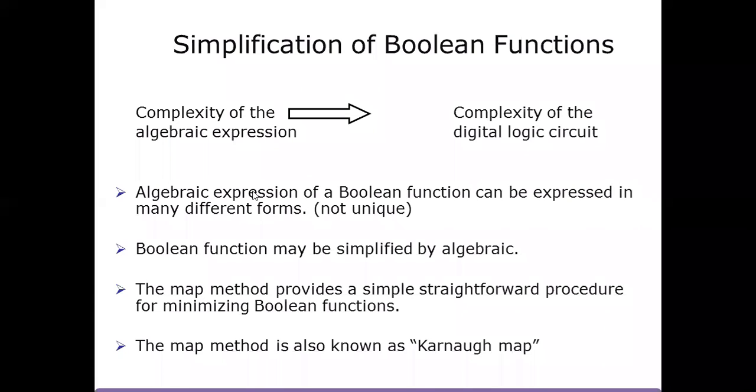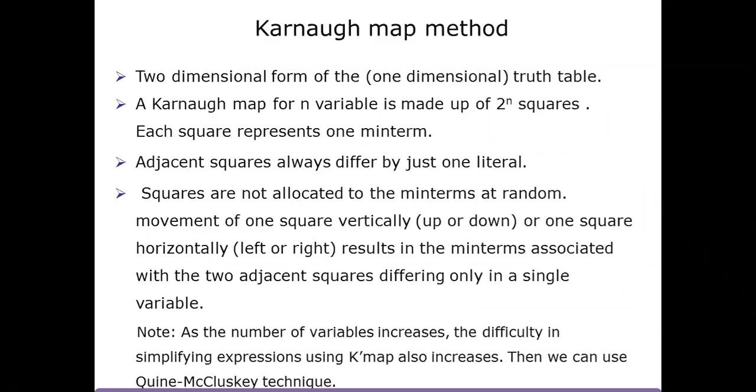So algebraic expressions of a Boolean function can be expressed in many different forms, which are not unique. As I discussed, it can be simplified by using rules, postulates and theorems. However, sometimes it's quite difficult. Because of that, we use a new method called the K-map method or Karnaugh map.